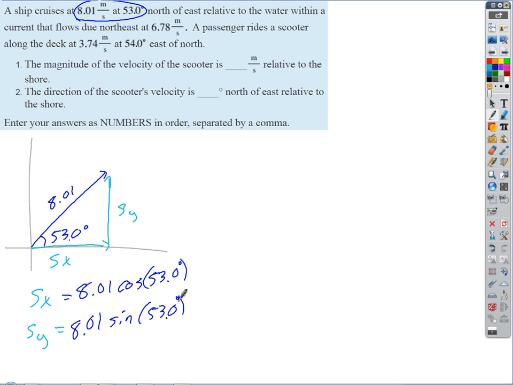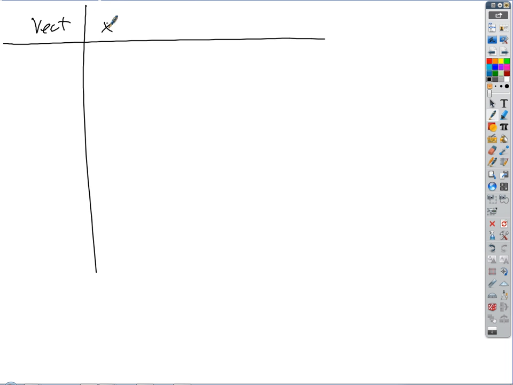Okay. Let's make a table on the other page. So we know that that's going to be a horizontal component and that's a vertical component, right? Okay. We can go to the next page. And we're going to do some columns. We got the vector column, we got the x component column, and we got the y component column.